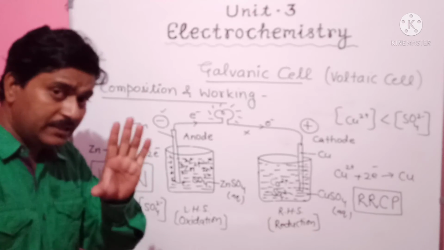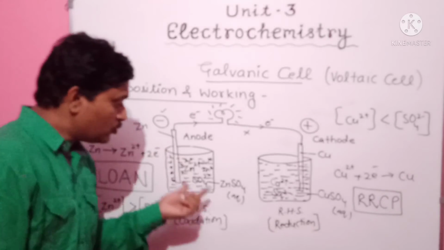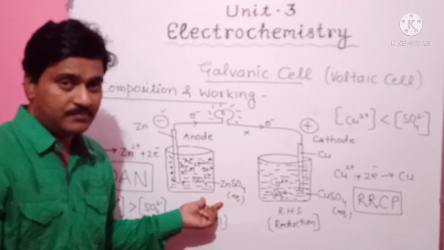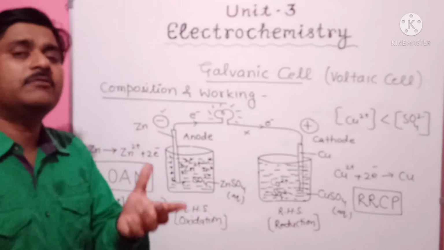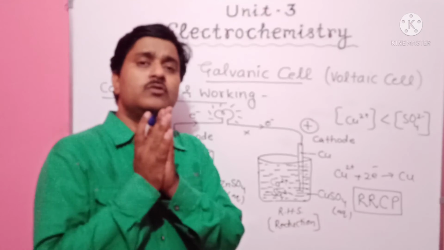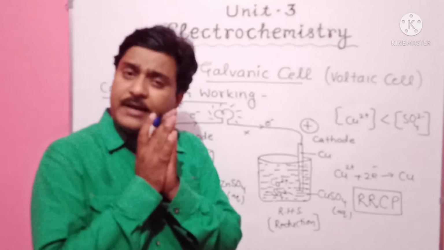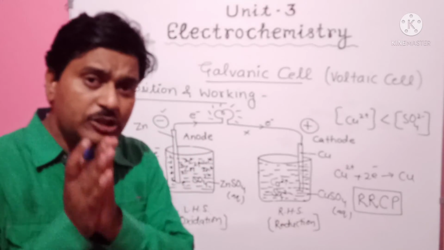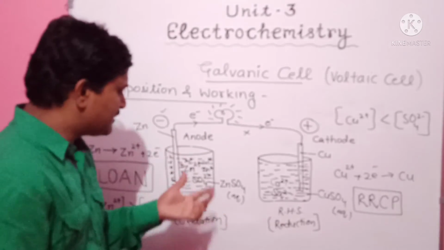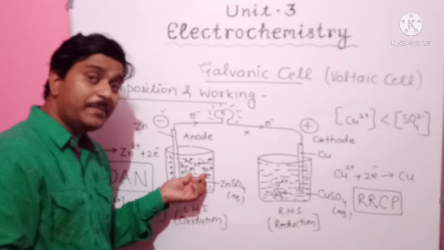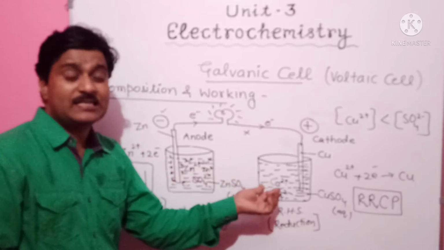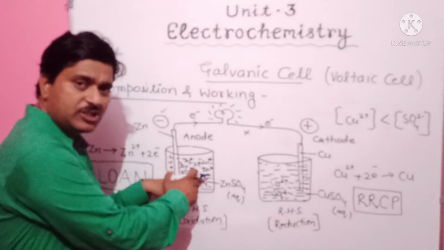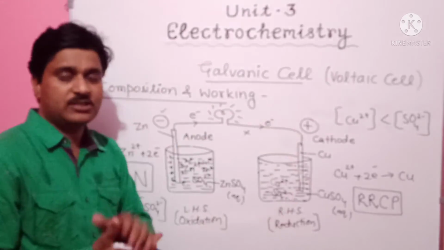So what is needed to start its working again? Now we have to put a material, another tube, which makes both the cells neutral by providing negative charge here and positive charge here.